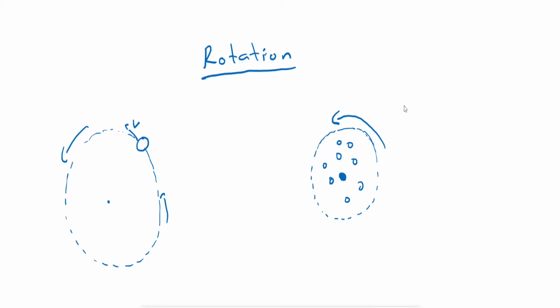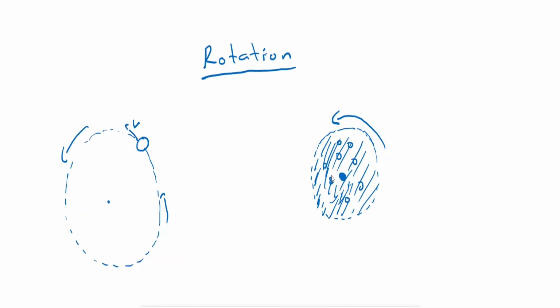This point is generally known as the point of rotation or the axis of rotation, or sometimes the pivot. It just depends on how people look at it. Every part of this object is circulating about this point.